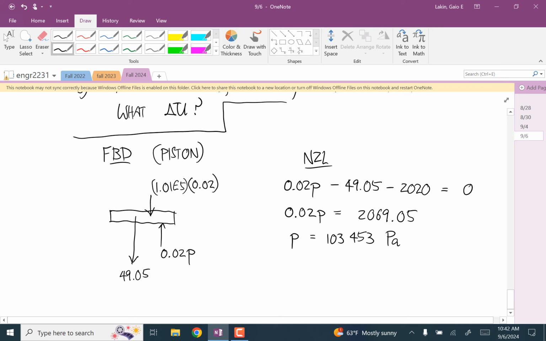Or if you want to compare it to that atmospheric pressure, that is 1.03453 times 10 to the 5th pascals. So a little bit bigger than atmospheric pressure.